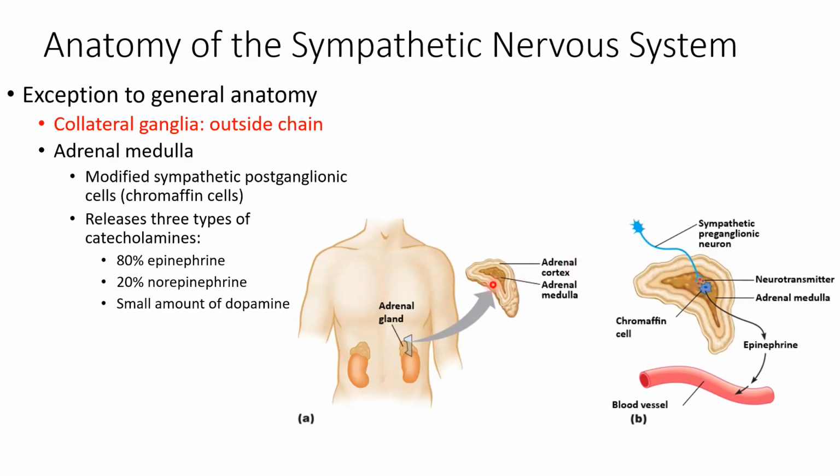The cells that are located in the adrenal medulla are called chromaffin cells. And these cells behave just like postganglionic neurons, right? In fact, scientists have actually taken chromaffin cells and put them in an appropriate medium, and they actually begin to grow axons.